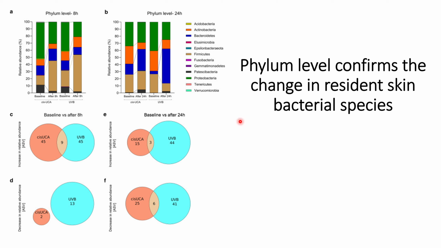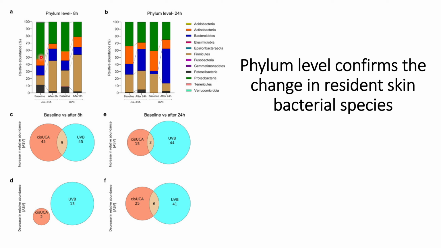Here they have used this phylum label or 16S rRNA data to find out the changes in the resident skin bacterial species at different time intervals after the treatment, either with cis-UCA or exposure to UVB.